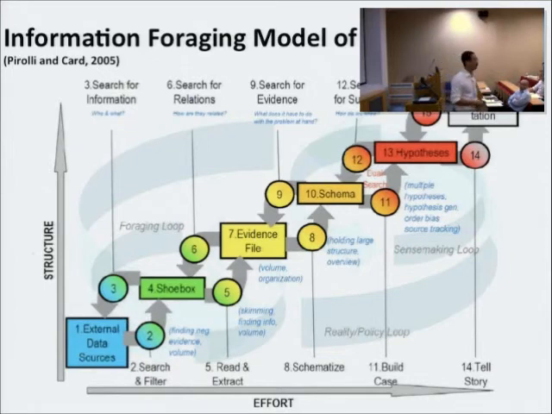For those of you who are not too familiar with it, what it basically tells you is that there are two basic loops. One where you have what he calls a foraging loop, where you're looking for information, cataloging them, indexing them, putting them together, organizing them, and so on.